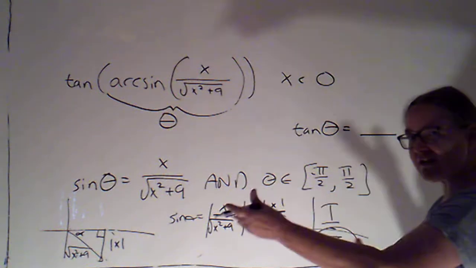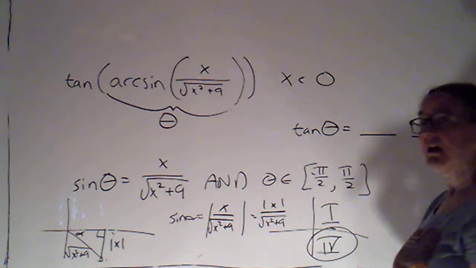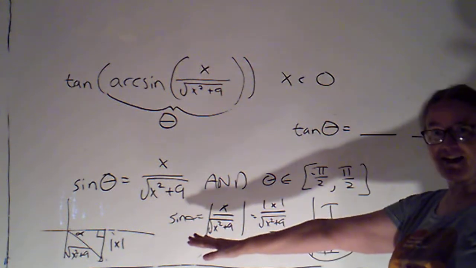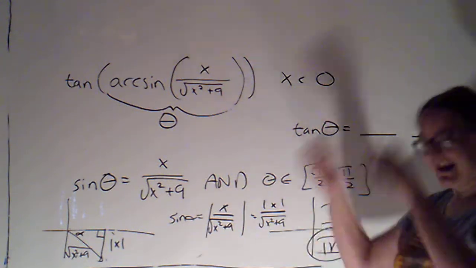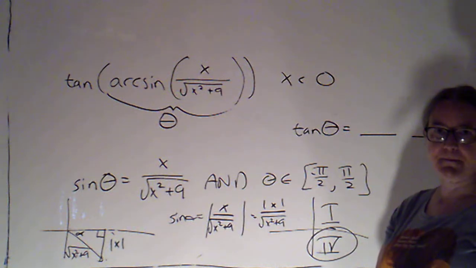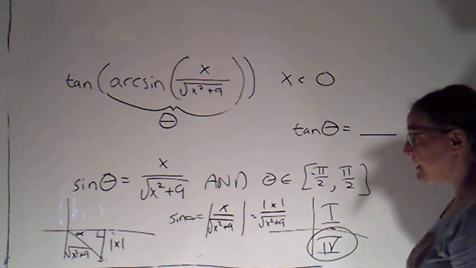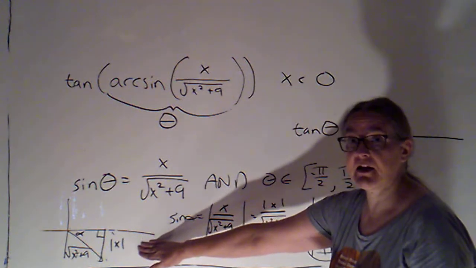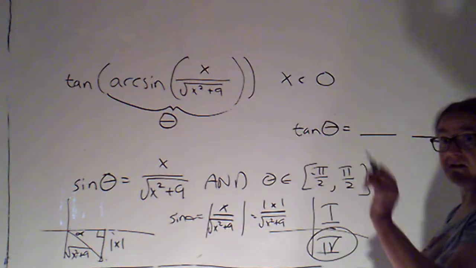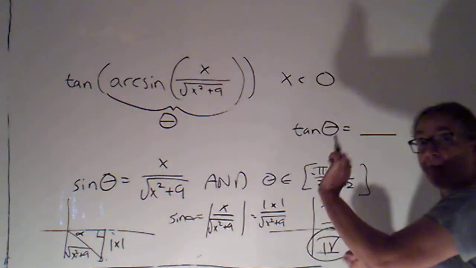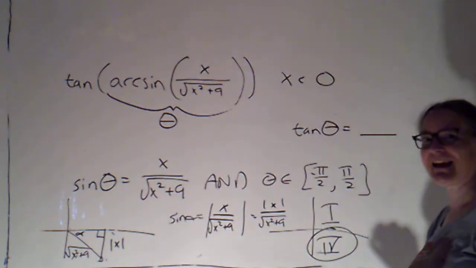Okay? So I can't just blindly assign x. So my habit is that I always label things with positive side lengths for the reference angle, and if x is negative, I just put the absolute value of x in there. Okay. If you wanted to do signed sides, you could, but I do need to see that you're working in quadrant 4, and I would suggest if you're doing signed sides, and you call that x, that you just write a little reminder note to yourself, hey, that represents a negative number.